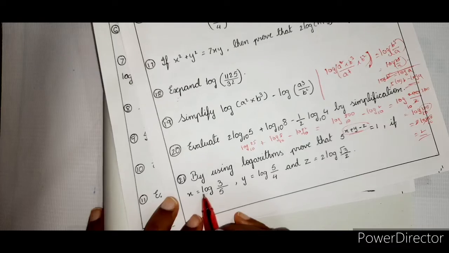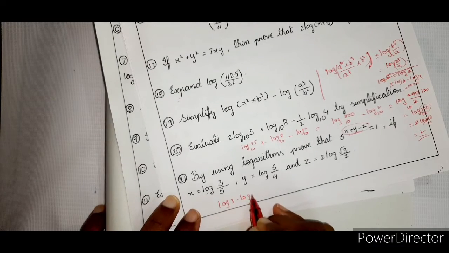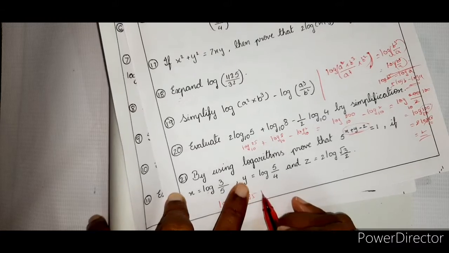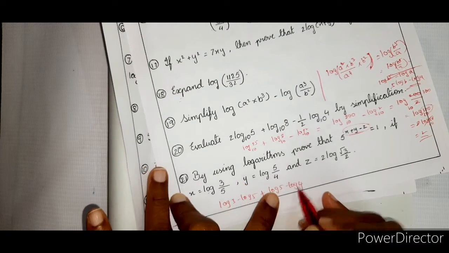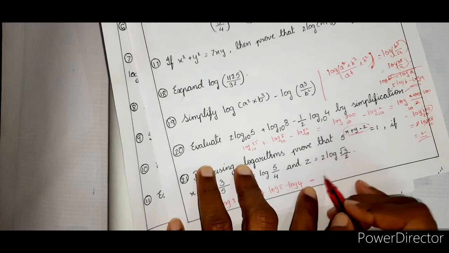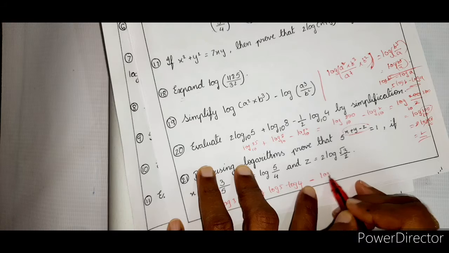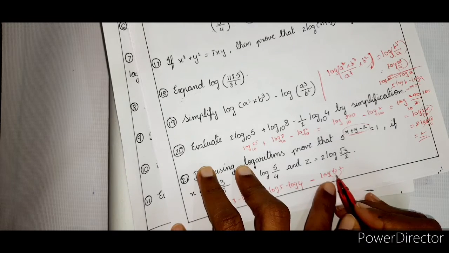Here itself I can do x, in the sense log 3 minus log 5, plus y, log 5 minus log 4, minus z, minus log root 3 by 2 whole square. I am writing it first here, right?